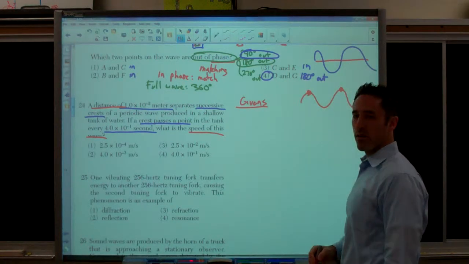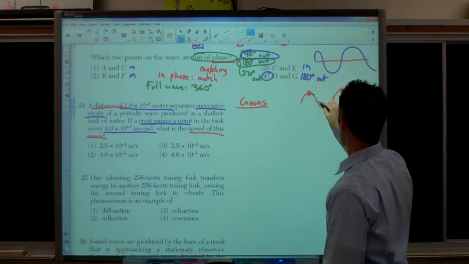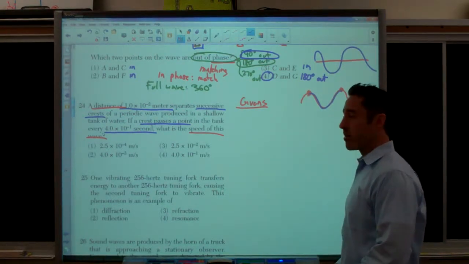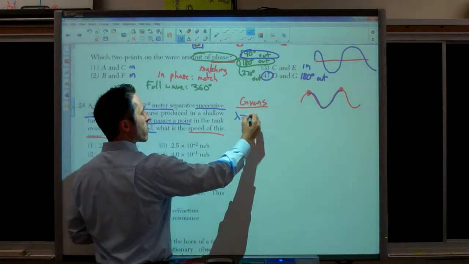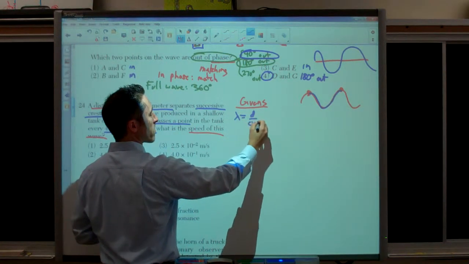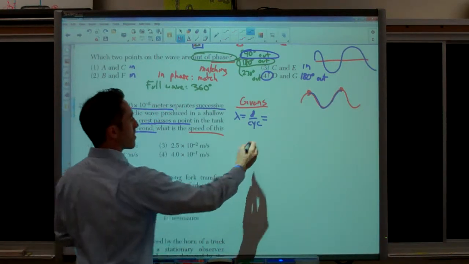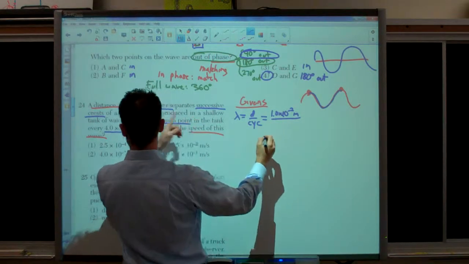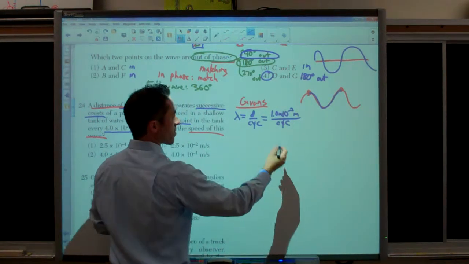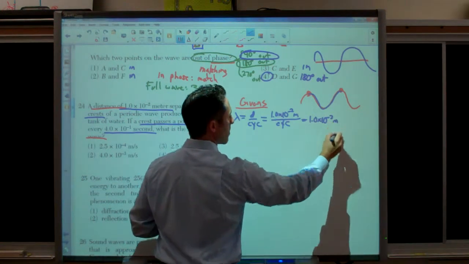Successive crests are crests that are next to each other. That actually is a cycle. So, we learned our definition before. Wavelength is defined as distance per cycle. So here, the wavelength is 1 times 10 to the negative 2 meters per successive crest, that's a cycle. So we actually found our wavelength is 1 times 10 to the negative 2 meters.